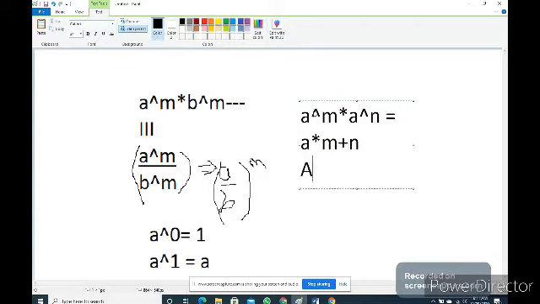Next, a to the power of m by a to the power of n, we get the solution as a to the power of m minus n.